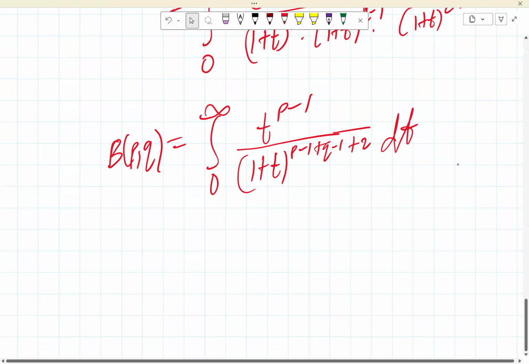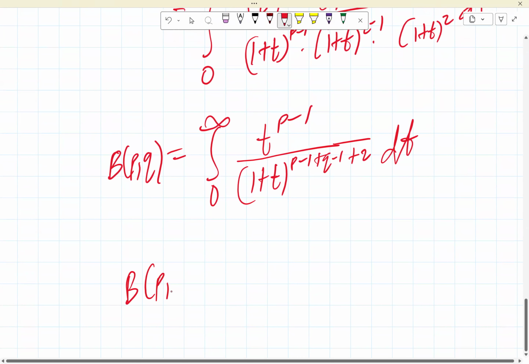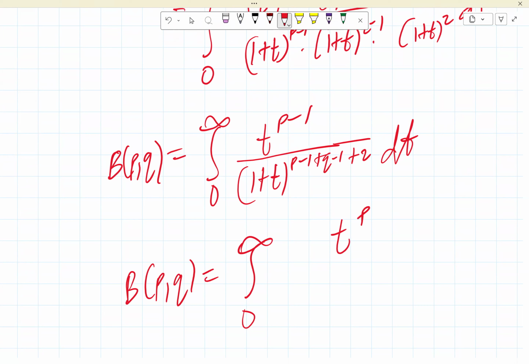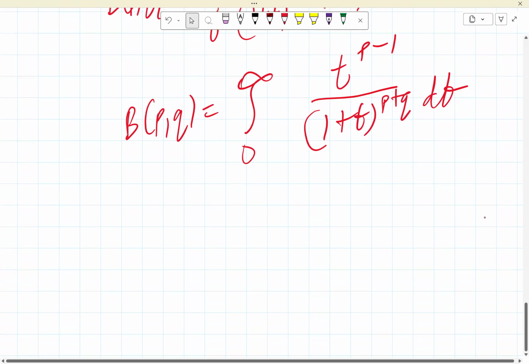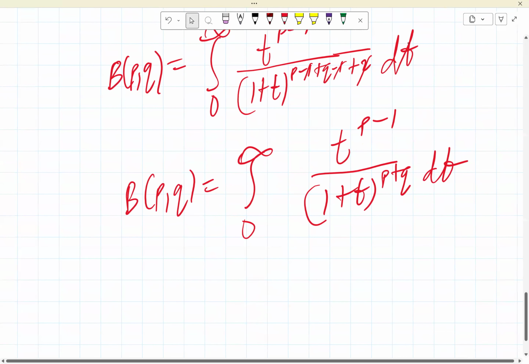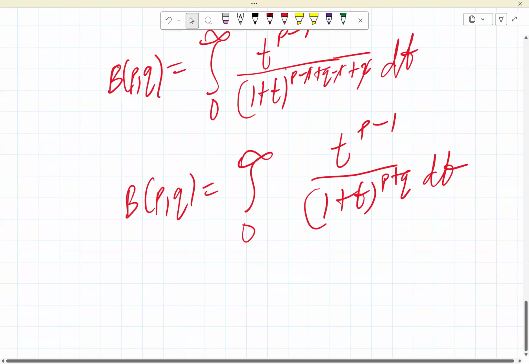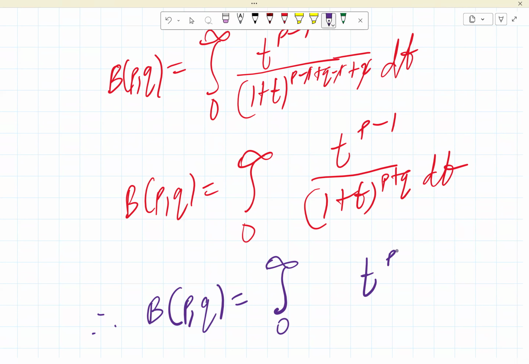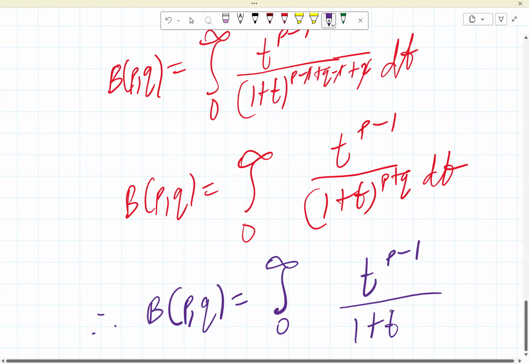So beta of p comma q becomes the integral from 0 to infinity of t raised to power p minus 1 over 1 plus t raised to power p plus q, dt. In essence, this is another form for this transformation. Therefore beta of p comma q is the same thing as the integral from 0 to infinity of t raised to power p minus 1 all over 1 plus t raised to power p plus q dt.